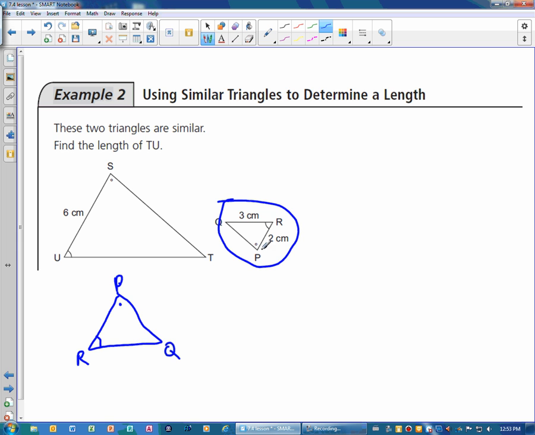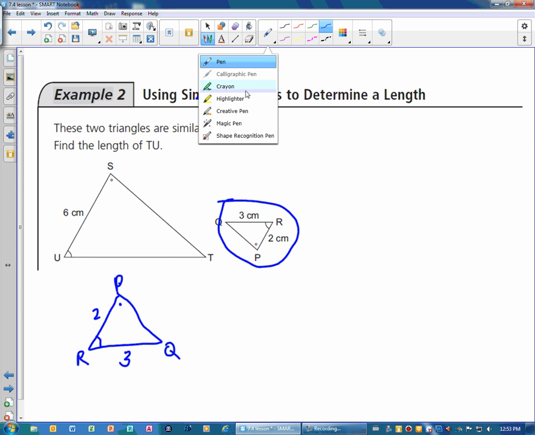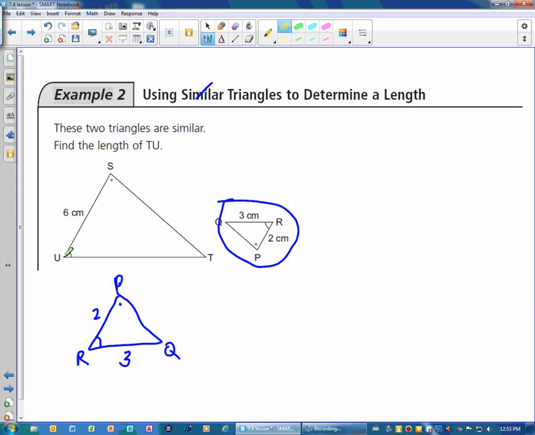It says RP is 2, or you can even look at it like curved to dot, RP is 2. And then QR, Q to R, or across from the dot, is 3. And it wants us to find TU. So this is what we're finding, which matches with this.